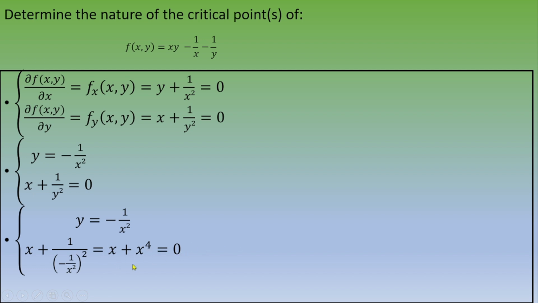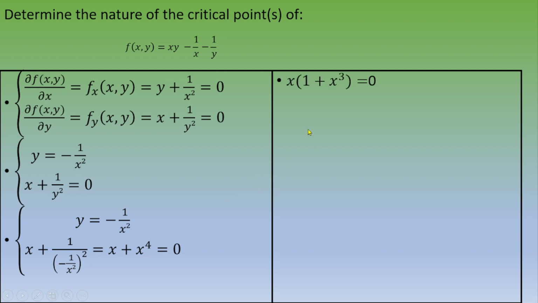So you want to solve this to know the value or the values of x. So the common factor is x. So this is x times (1 plus x cubed) equals 0. Then at this time, two cases. First case, x equals 0, and the second case, x cubed equals negative 1.